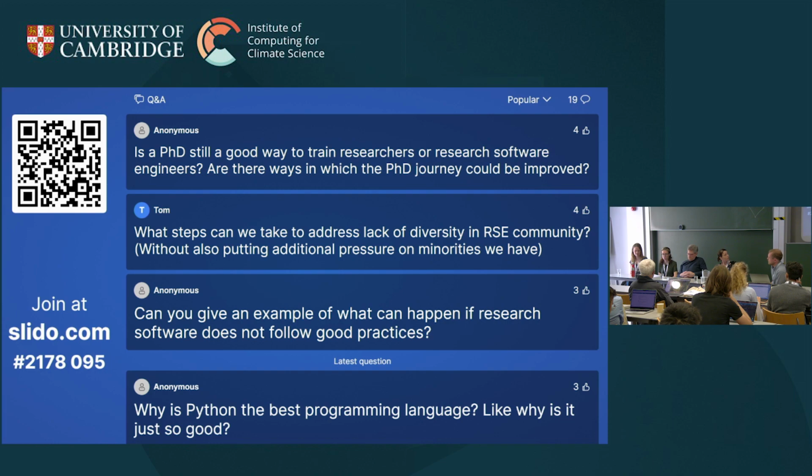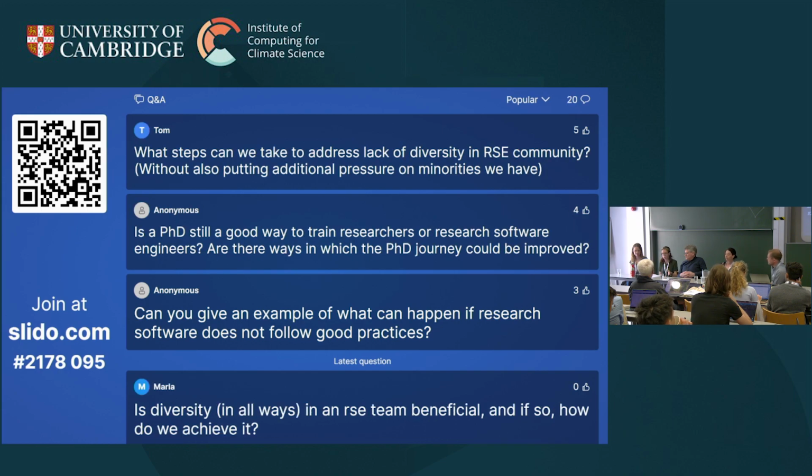So I think for me, it would always be about having access to both researchers and relevant research software engineers, whether embedded or in a separate group. So for example, at NCAS, we don't have these embedded software engineers.